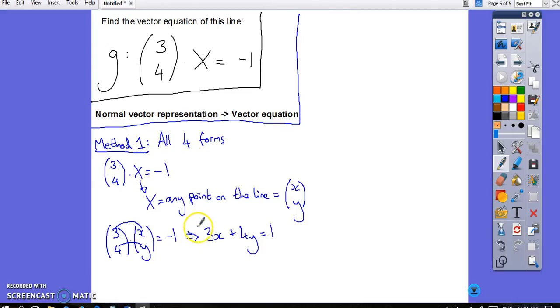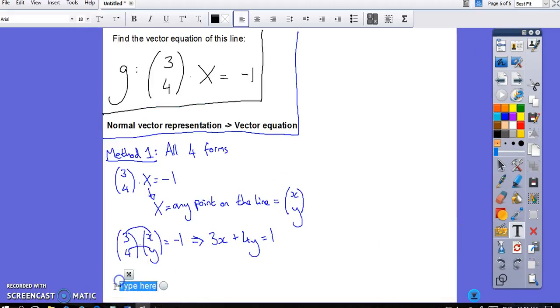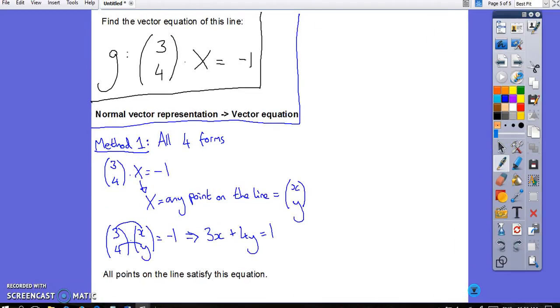It's also worth reiterating that both of these equations are exactly the same equation written in different forms, and all points on the line satisfy this equation. That's worth noting.